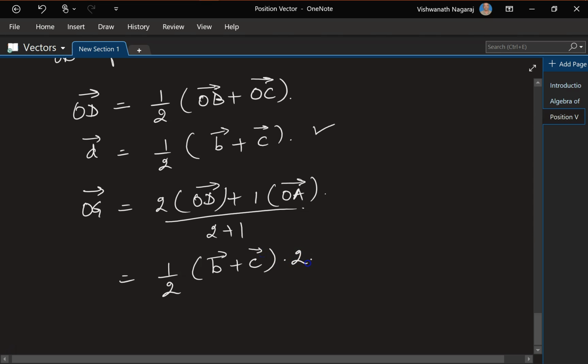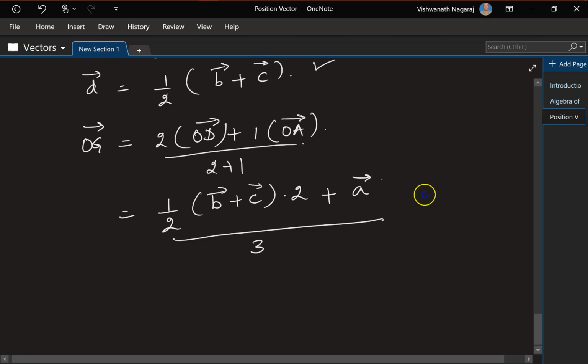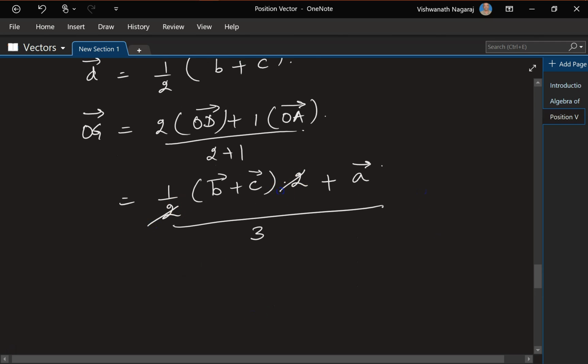So 2 times half of (B plus C), plus OA, which is nothing but A, the whole thing divided by 3. This 2 and 2 get cancelled, and we are left with (A plus B plus C) by 3.